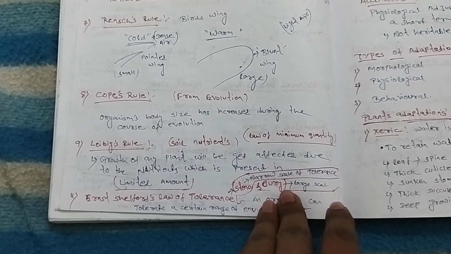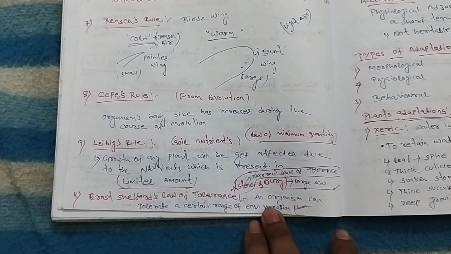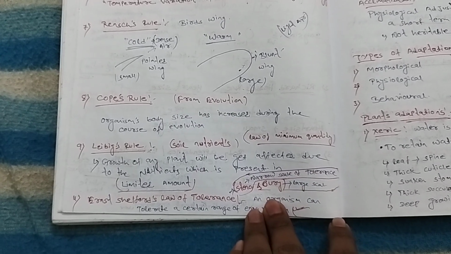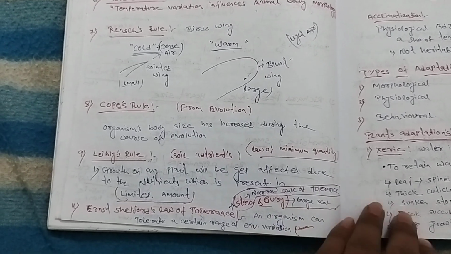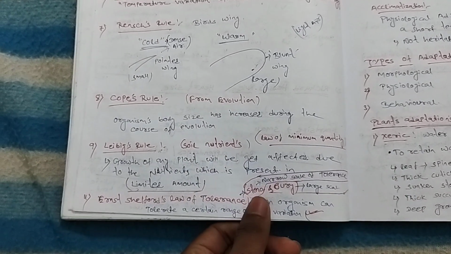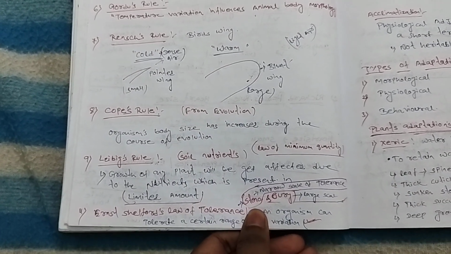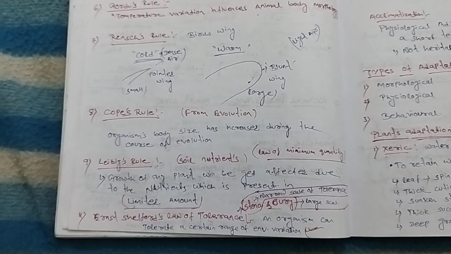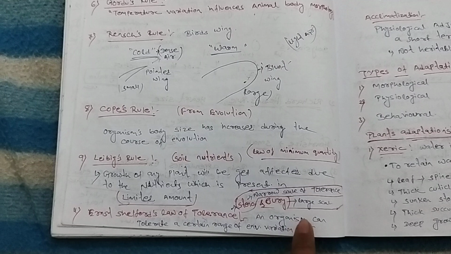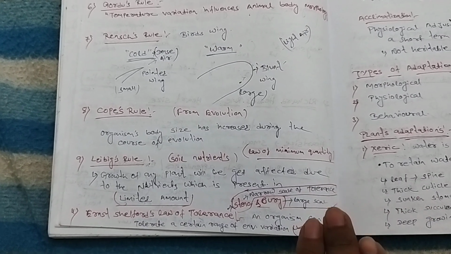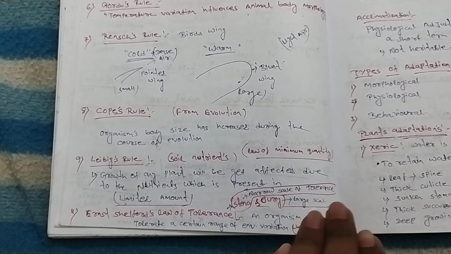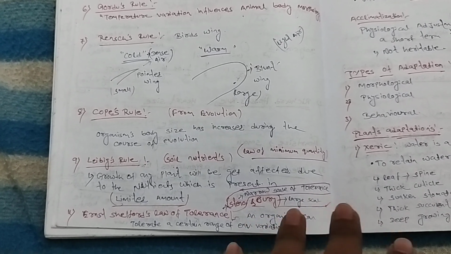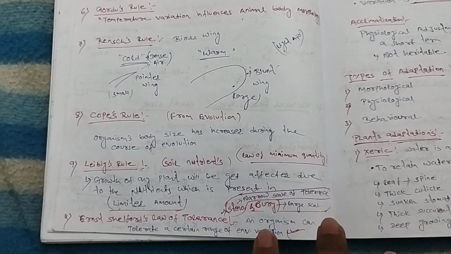The organisms which survive a large range of environmental conditions are called eury. And the organisms which can survive a narrow range of conditions are called steno. Accordingly you can imagine that stenothermic means the organism can survive in a narrow range of temperature, and eurythermic means the organism can survive a large deviation in temperature.